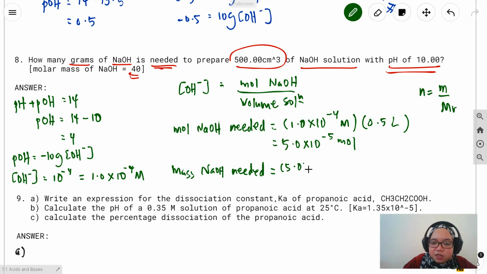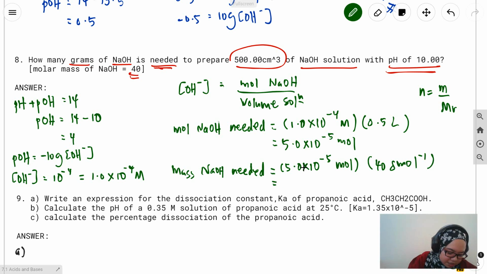So 5.0 times 10 to the power of negative 5 mole times molar mass 40 gram per mole. We will get the mass needed is 0.002 gram. So this is how you answer this question. Okay?